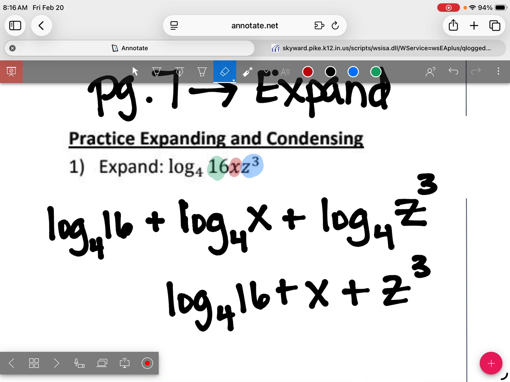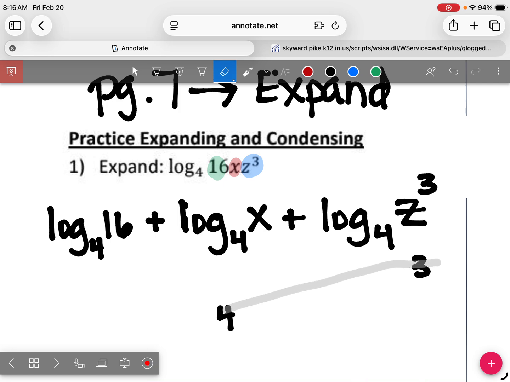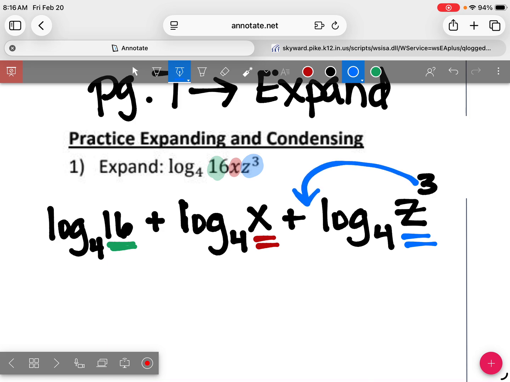All right, so now we're on step 3, which is look for exponents. So we got 3 terms. I have my 16, and then I have x, and then I have z cubed. Do any of these have an exponent? Yes, they do. When it has an exponent, it moves right here.